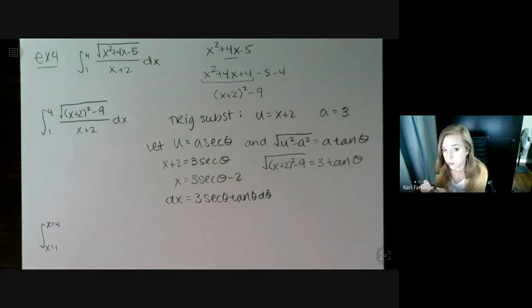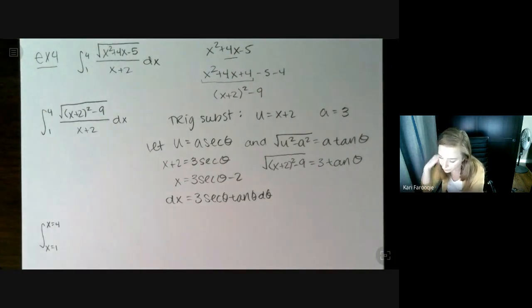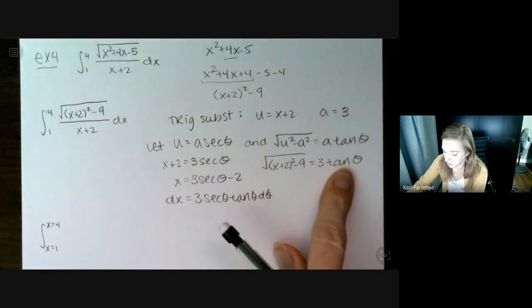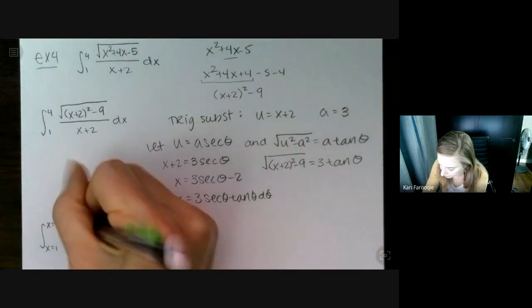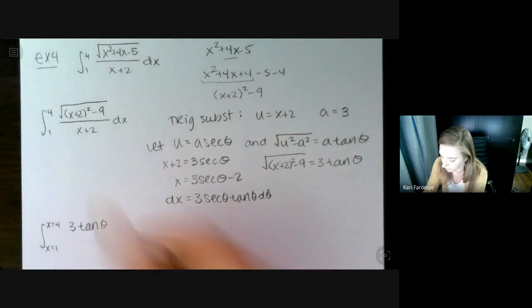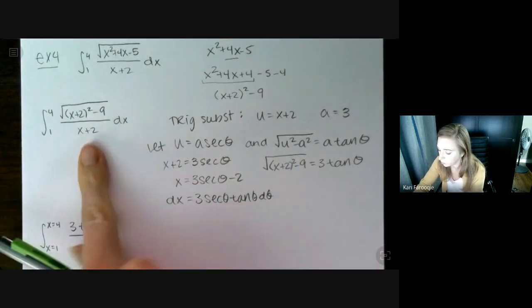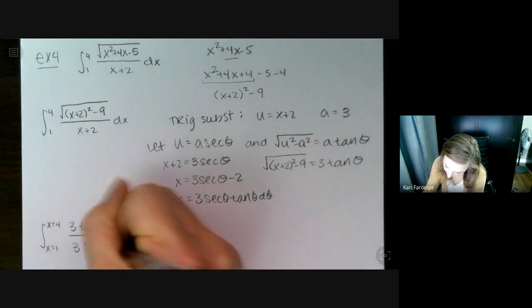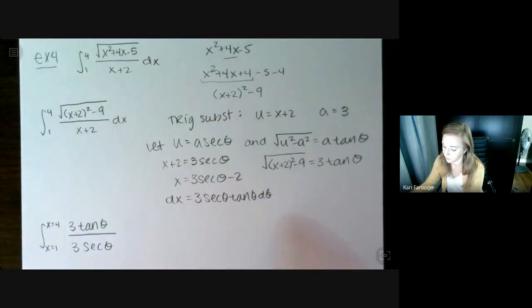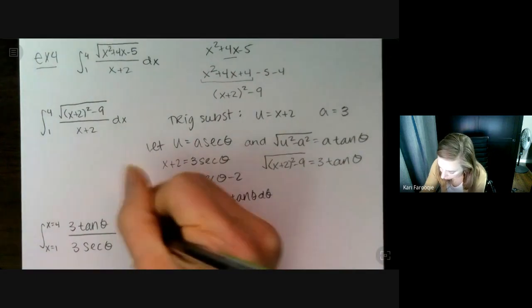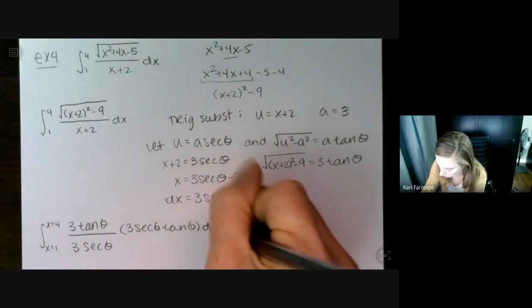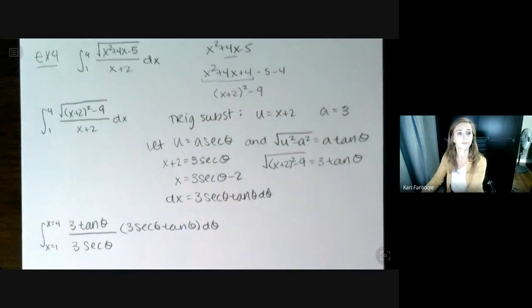I want to make sure that we remember which variable is which. All right, so our radical is 3 tangent theta. And then x plus 2 is going to be 3 secant theta. And then dx is 3 secant theta tangent theta d theta.